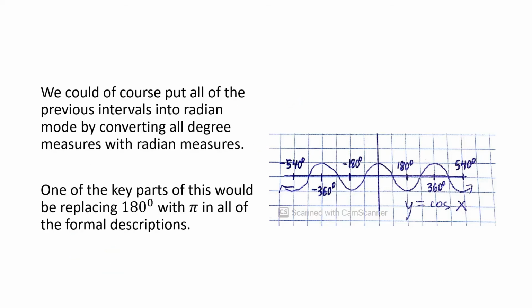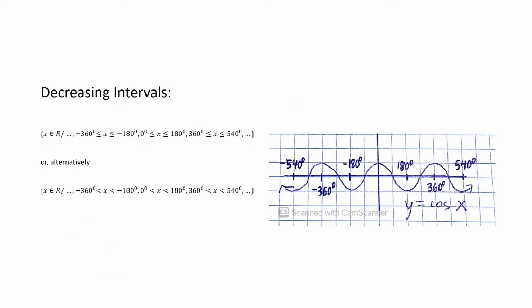Okay, so we could also put those into radian mode, and now we could talk about decreasing intervals. For decreasing intervals, one decreasing interval is right there, another one is right there, another one is right there. And so we could say -360 to -180, 0 to 180, 360 to 540, and we would have our decreasing intervals.